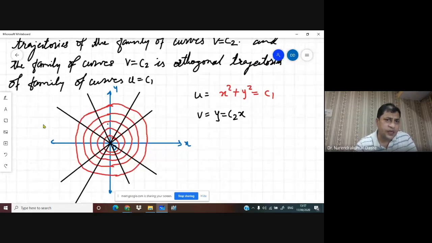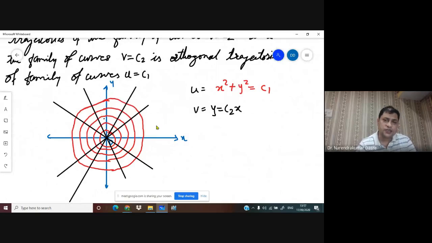There are so many applications of these orthogonal trajectories in electromagnetism, in thermodynamics, in magnetism, in wave theory, electromagnetic wave theory, and many more.